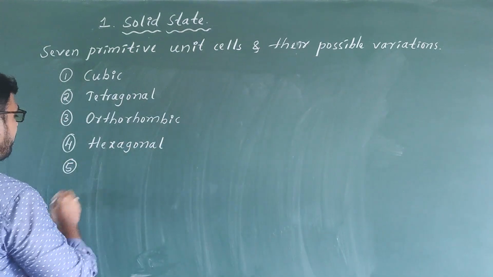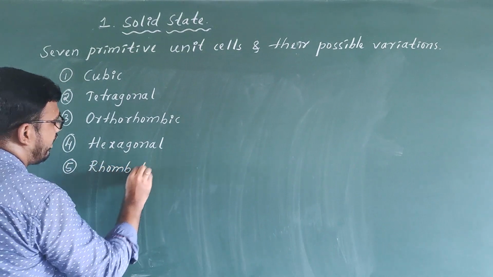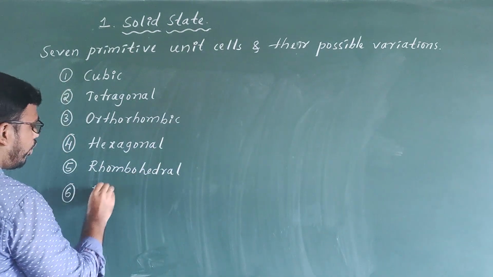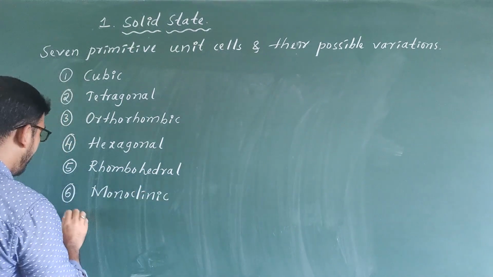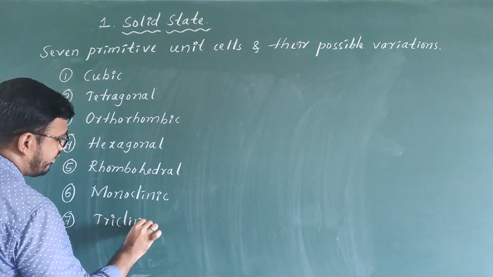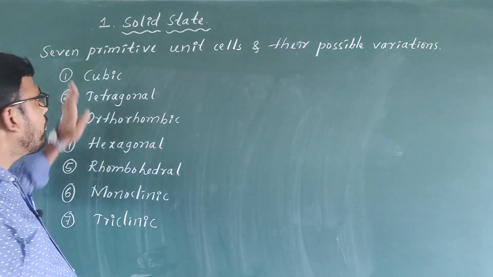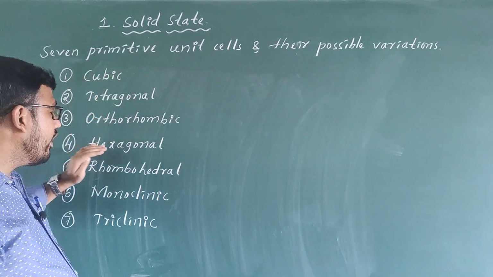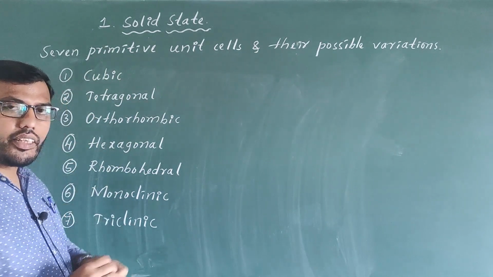Fifth one is rhombohedral. Sixth one monoclinic, and seventh one is triclinic. So dear students, these are the 7 primitive unit cells: cubic, tetragonal, orthorhombic, hexagonal, rhombohedral, monoclinic, and triclinic.